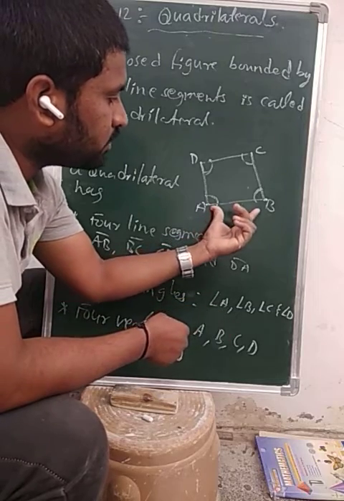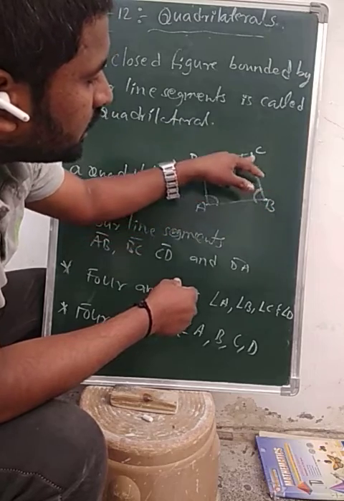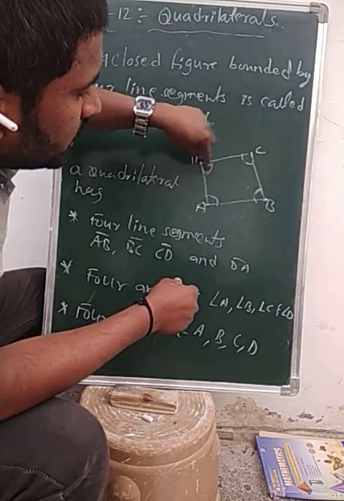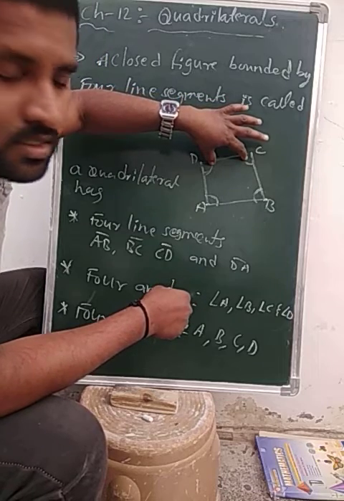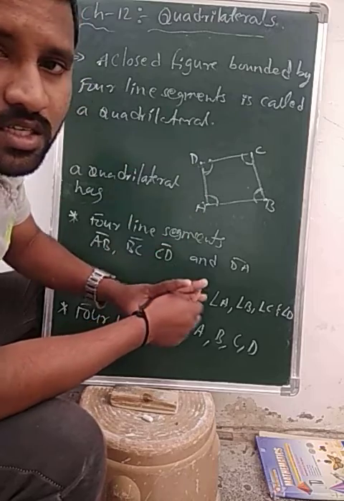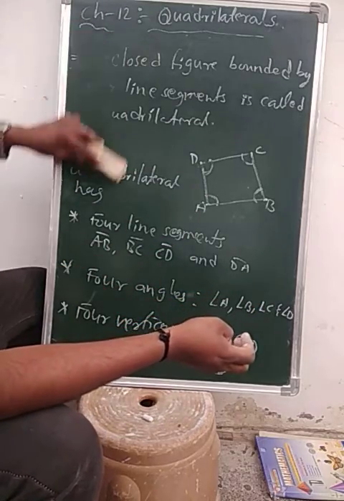Angle A and angle B are adjacent, angle B and angle C are adjacent angles, angle C and angle D are adjacent angles, and angle D and angle A are adjacent angles. Is it clear?